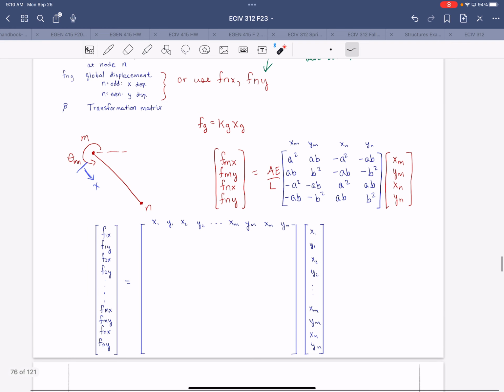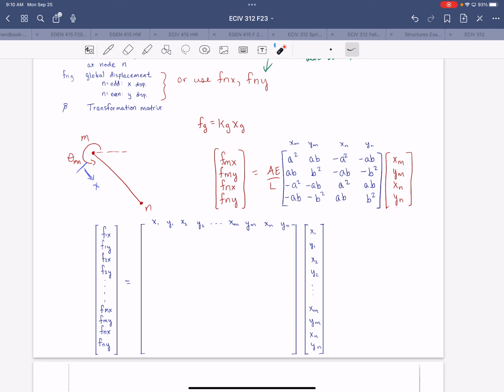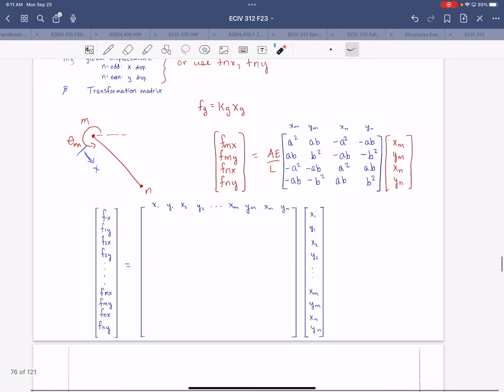All right, so then your global element stiffness equation for element MN would be shown here, right? And again, when you overlay the matrices, it's important to map the correct values to the correct location within the global matrix.